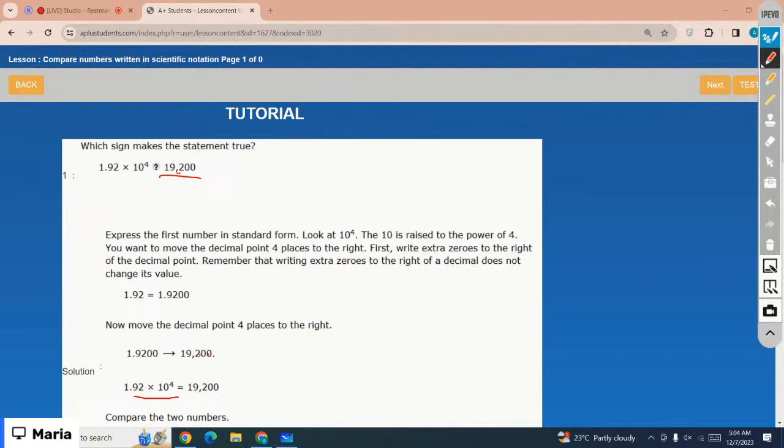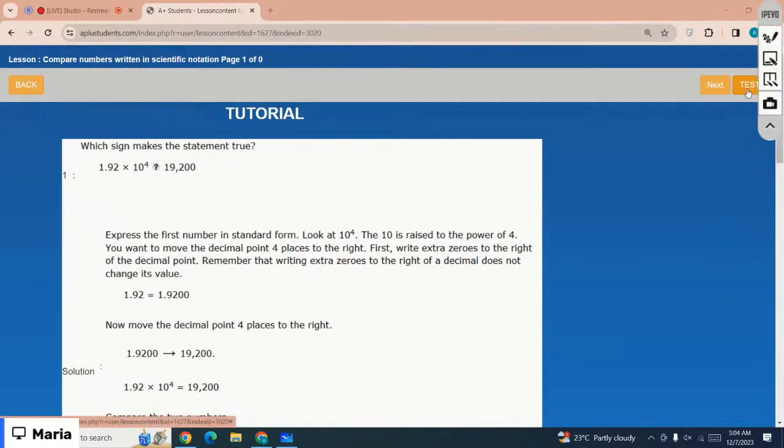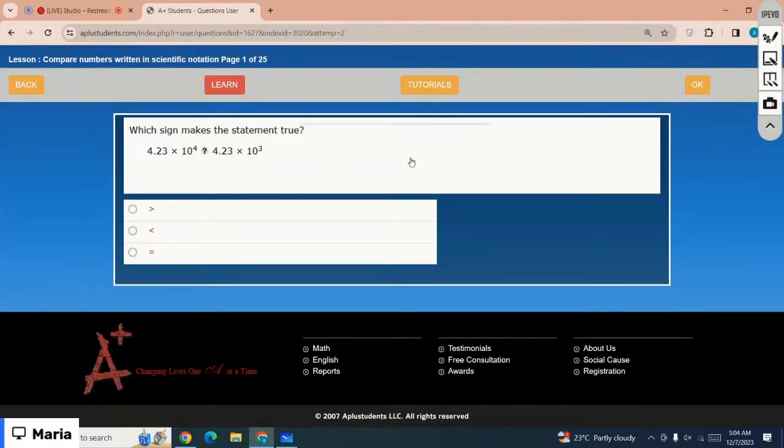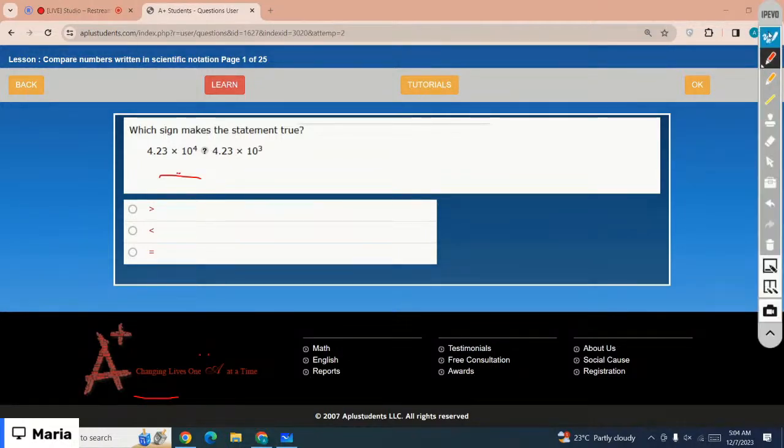Let's just start with the test questions and let's see how we compare them. Okay, which sign makes the statement true? 4.23 times 10 exponent 4 and you have to compare it to 4.23 times 10 exponent 3, right? Okay, let's just look at these values. Here you have 4.23, here you have 4.23. They both are exactly equal, right?